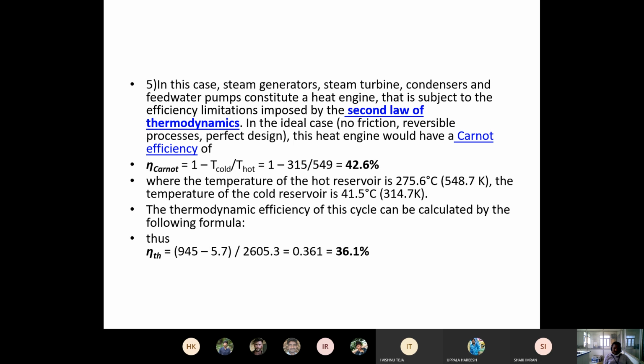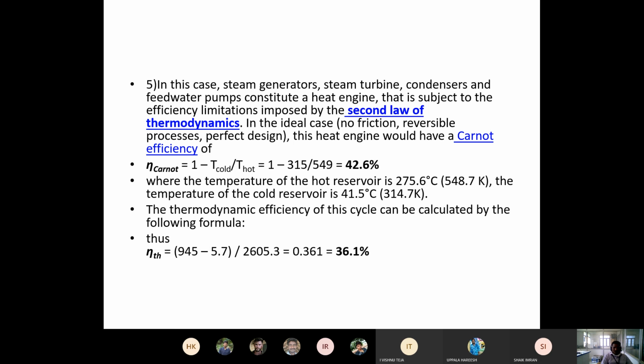If you add 273, it will come like this. These are the values we got. Approximately 548.7 is treated as 549, and 314.7 degrees Kelvin is rounded as 315.